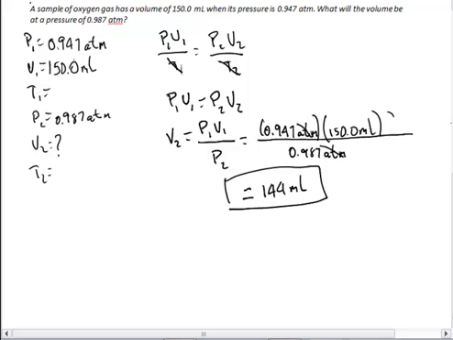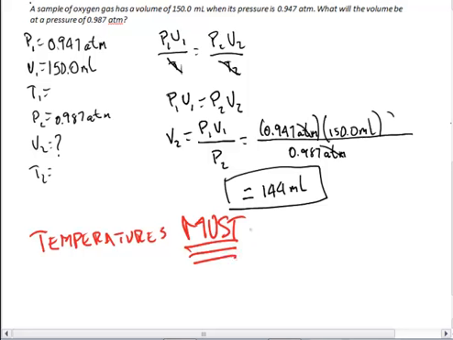Now, this sample did not include temperature, because there is one very important consideration when we're dealing with temperatures, and that is this: temperatures must, I cannot emphasize that enough, must be converted to kelvins.